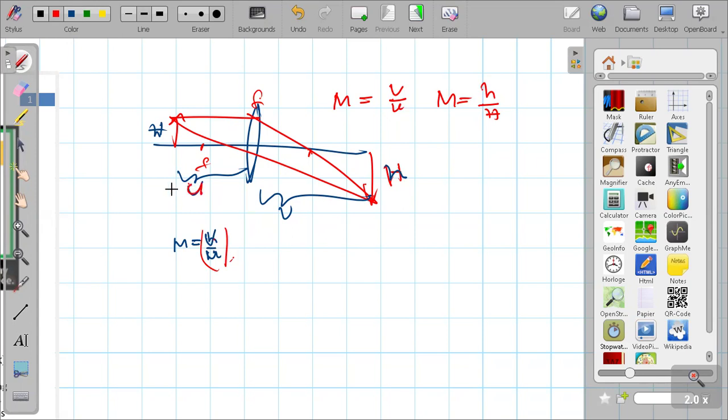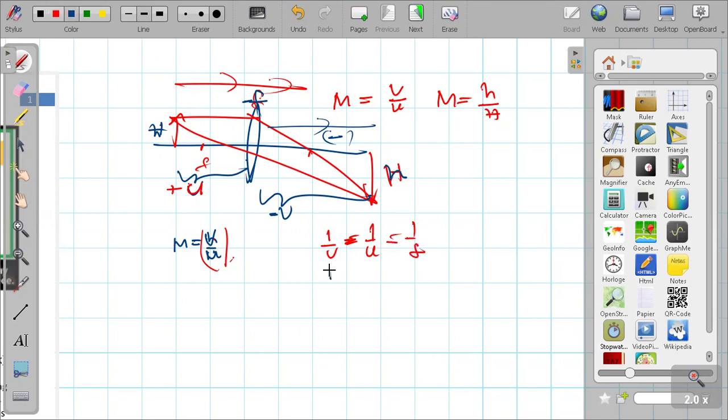Here, U is a positive U because this is the direction of light travel according to the sign convention. Anything behind the lens is positive, and before the lens, in front of it, is negative, minus U. And for convex lenses, F is always negative. 1 over V minus 1 over U equals 1 over F is the equation.